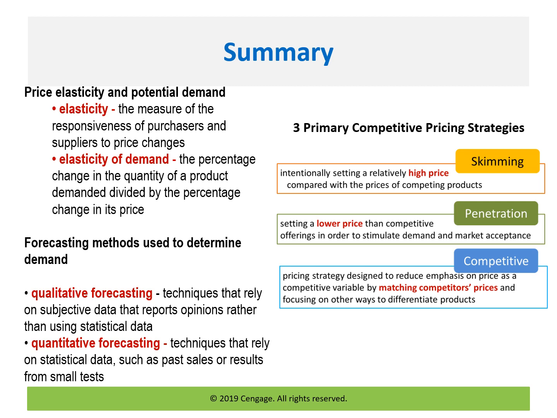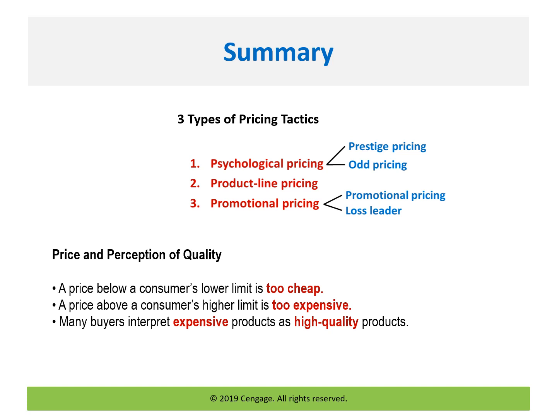To summarize, we have talked about elasticity and elasticity of demand. We also talked about the forecasting methods used to determine demand, namely qualitative forecasting and quantitative forecasting. We mentioned the three primary competitive pricing strategies, which are the skimming, penetration, and competitive pricing strategies.